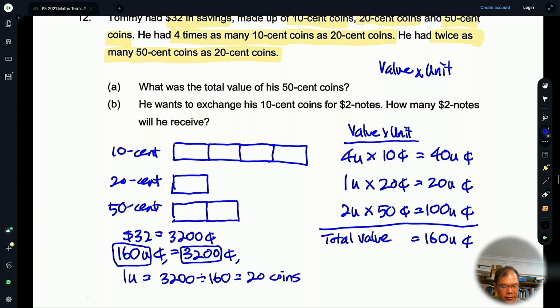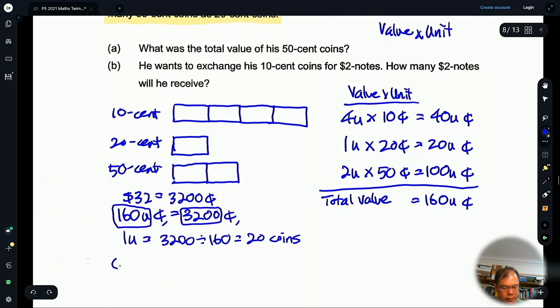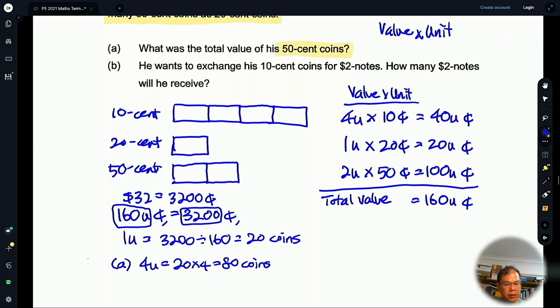So part A. What is the total value of the 50-cent coins? Okay, so there are a total of 4 units of 50-cent coins. So 20 times 4 means that he has, oh sorry, 50 cent is 2 units, not 4 units. Okay, I made a mistake here. Just let me erase this.